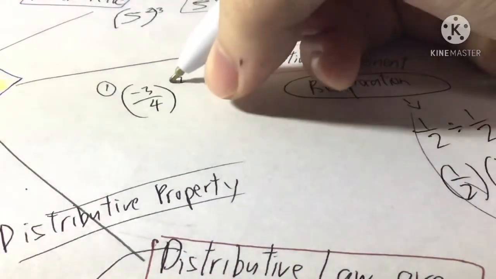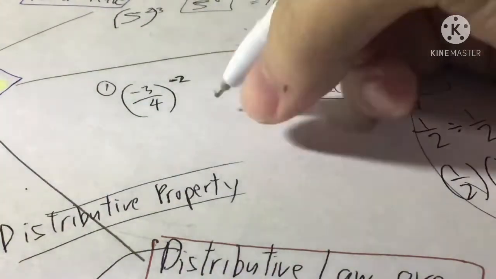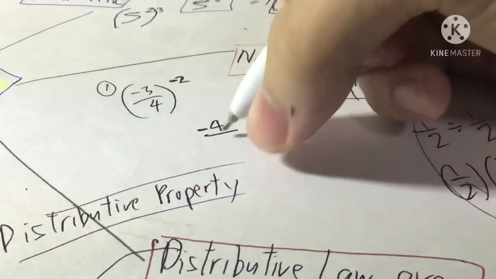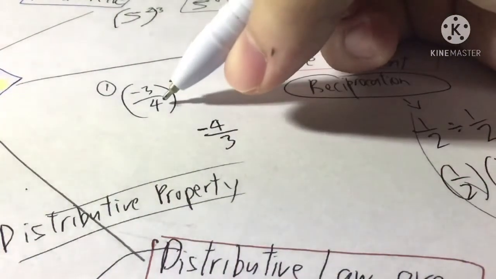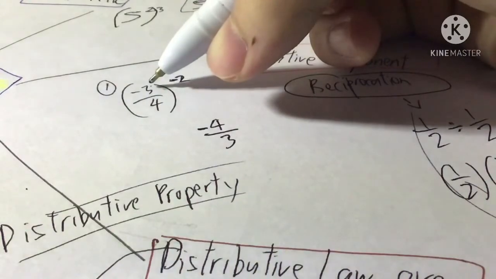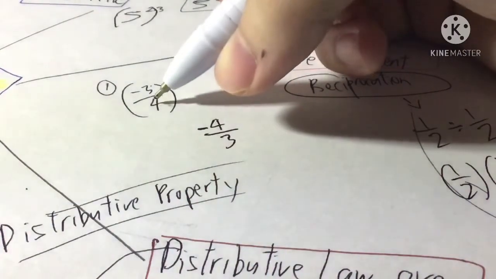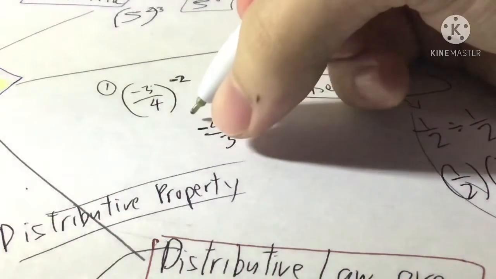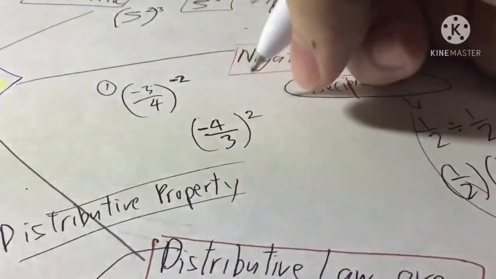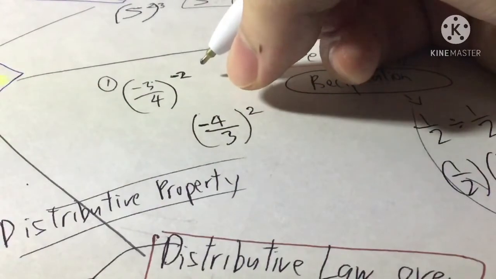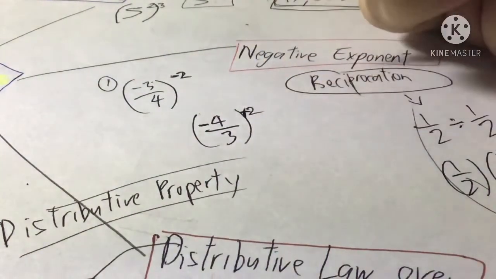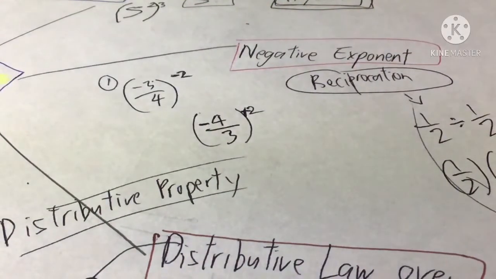Now, because we have a negative exponent, that means we will have to reciprocate. So the denominator will become the numerator, and the numerator will become the denominator. So yeah, this is what we have, and after reciprocating, our negative exponent will be no more. We will change the sign to addition.